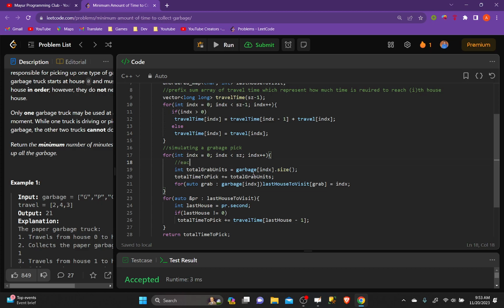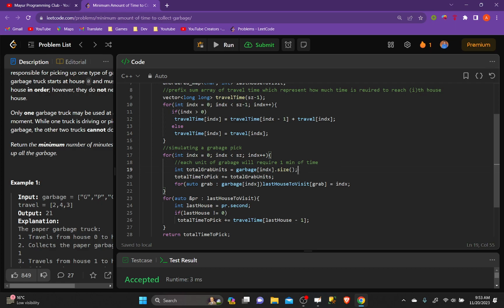So each unit of garbage will require 1 minute of time. So we will be adding that to the total time to pick.